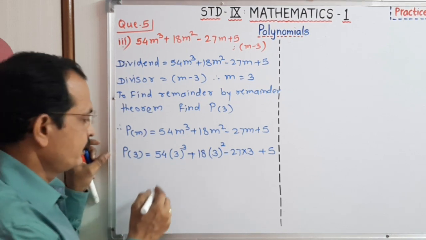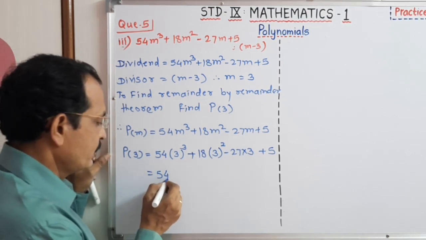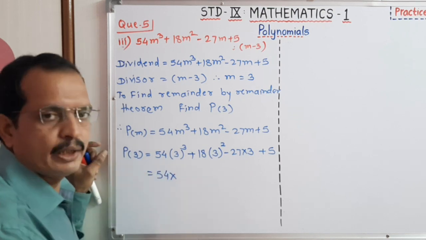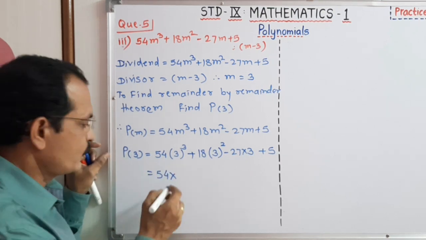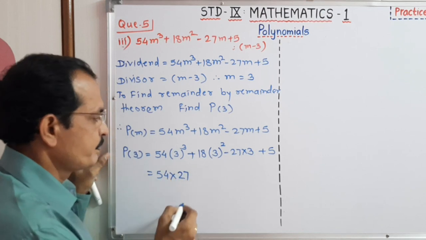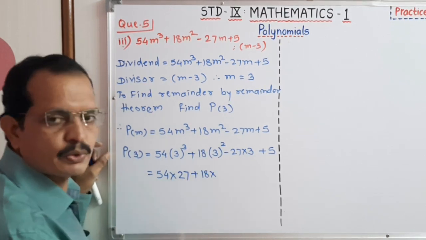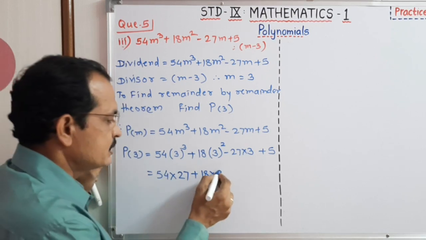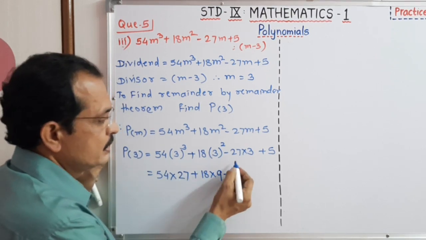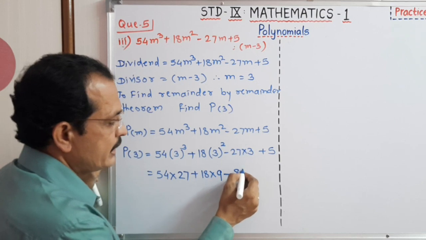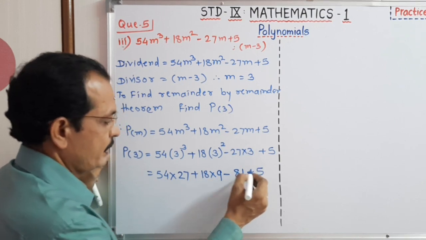Now see here, this 54 into, we have to find the cube of 3, and the cube of 3 is 27, plus 18 into square of 3, it is 9, minus 27 into 3, it is 81, and this is 5.